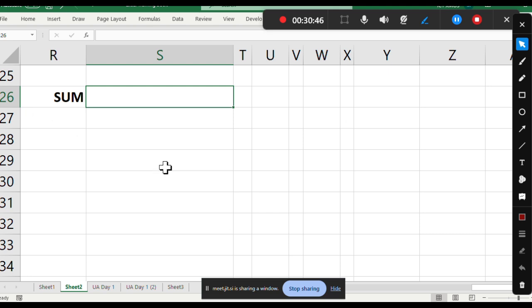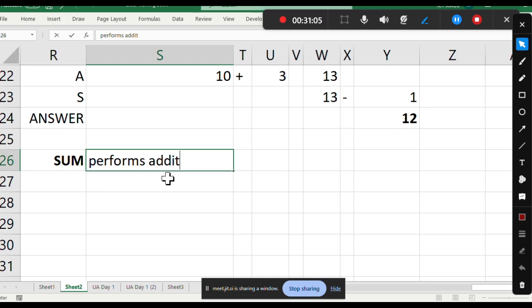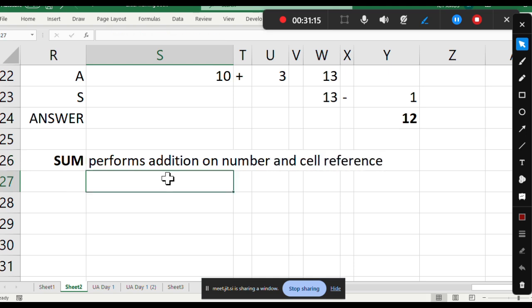Sum is a formula that enables us to add things together. It's addition. It's the same thing as when you say 2 plus 2, 10 plus 10, 5 plus 3. It performs addition on numbers and cell references. So just to add, that's what sum is.